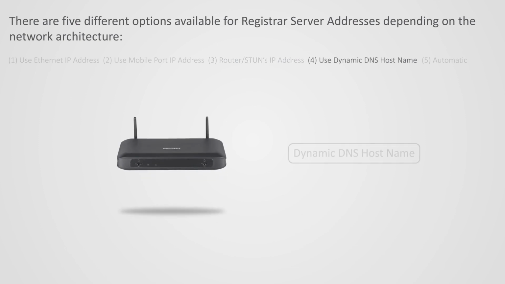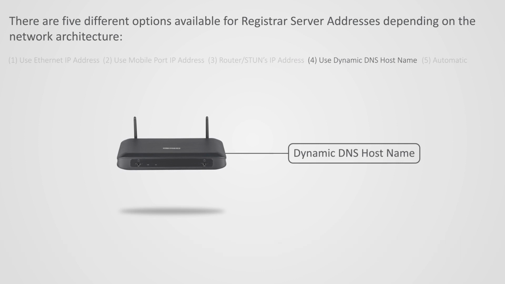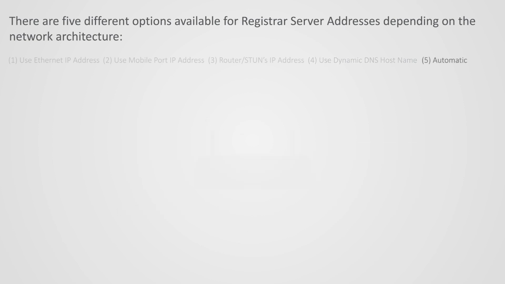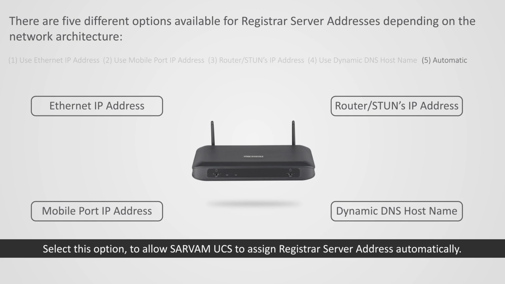Use dynamic DNS hostname. Select this option when SARVAM UCS is having dynamic DNS hostname configuration in network parameters. 5. Automatic. Select this option to allow SARVAM UCS to assign registrar server address automatically.